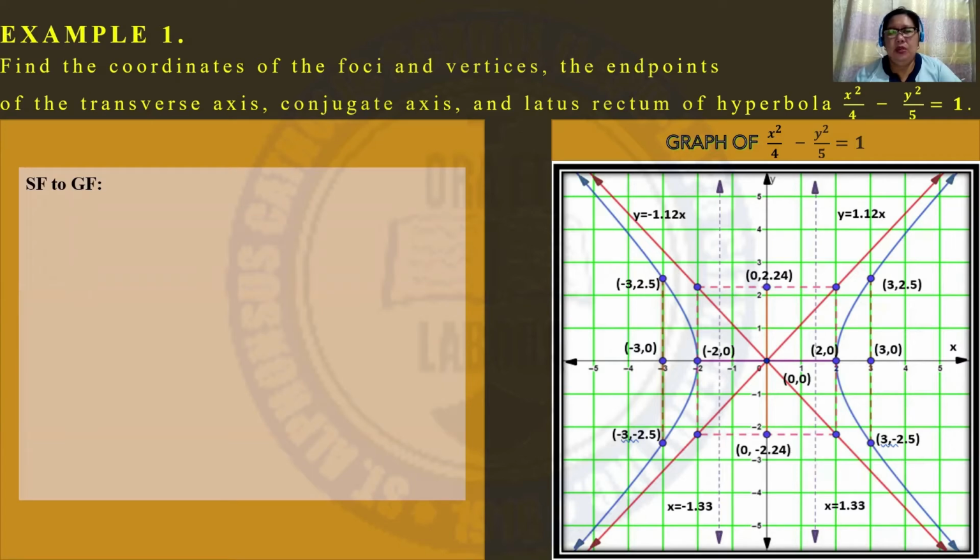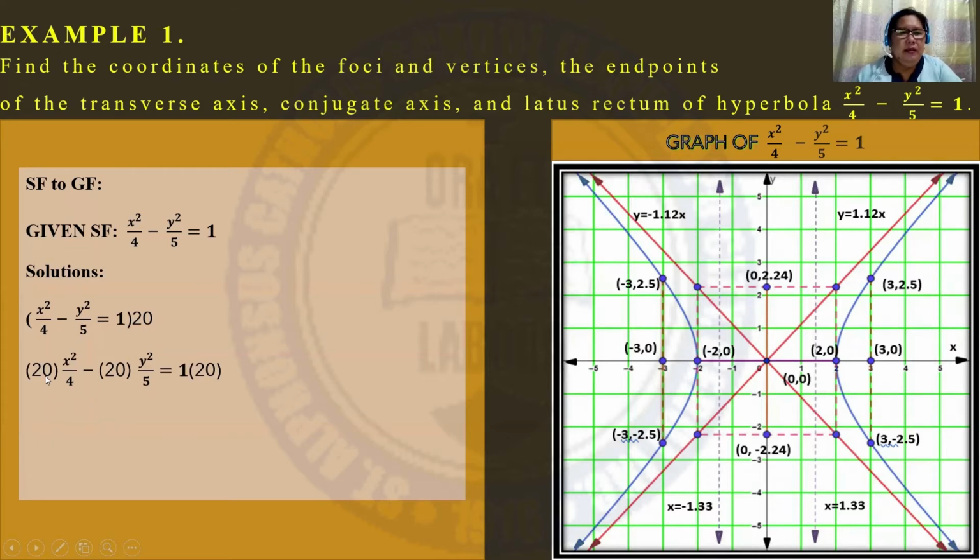And for the solution of the general form of the equation of the hyperbola, given the standard form x squared over 4 minus y squared over 5 is equal to 1, multiply each member of the equation by the LCD of 4 and 5, which is 20.